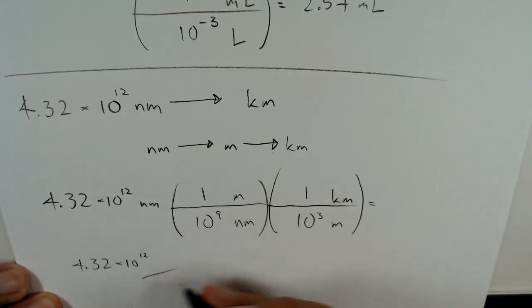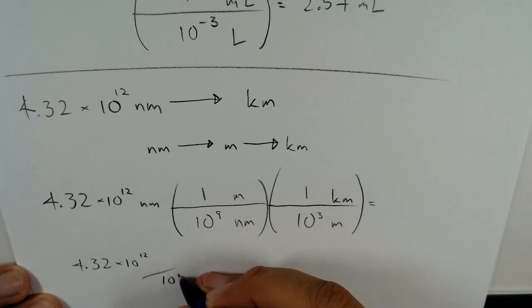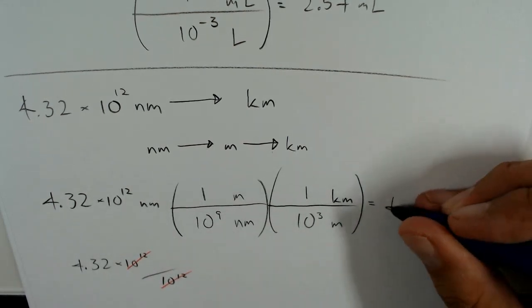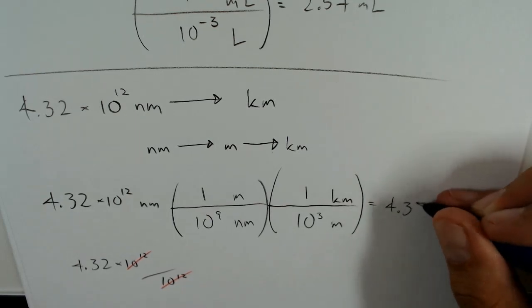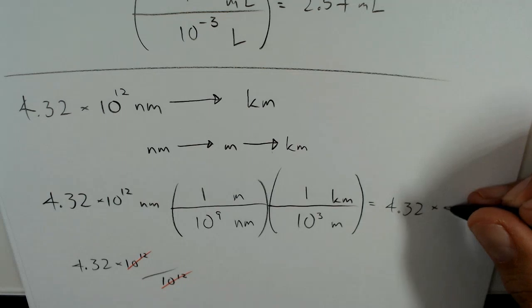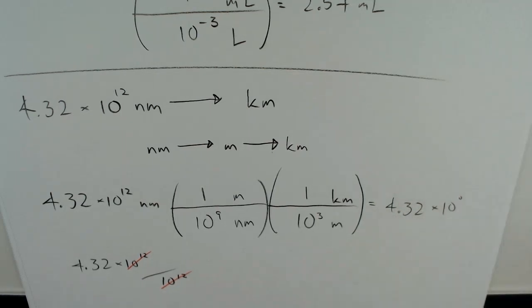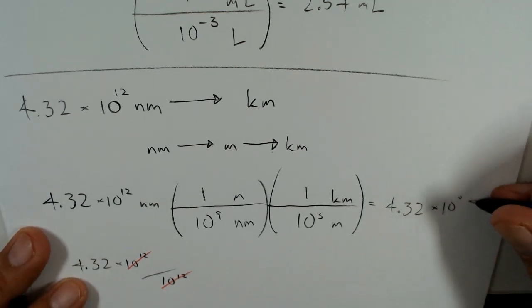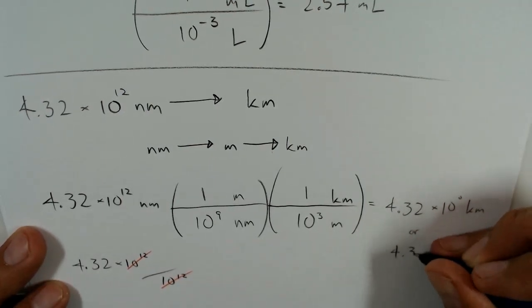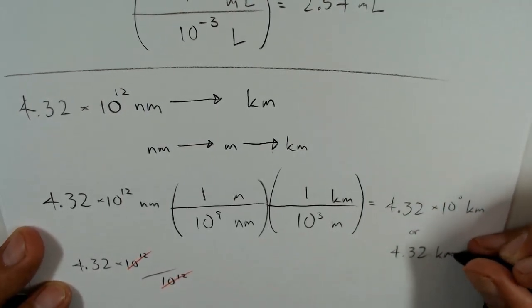So this all reduces to 10 to the 12, and that all just cancels out. So it's similar to what we had earlier, where we have 4.32 times, if we're worried about scientific notation, 10 to the 0 km. And unless I'm specifying scientific notation, you can go ahead and write it like that.